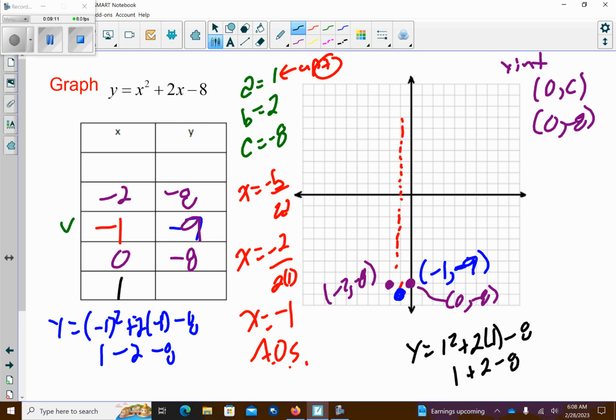So that's 3. That's going to give me a -5. So at -3, that's also going to give me -5. So I'm counting either direction. So I get to 1, -5, 1, 2, 3, 4, 5. And then I have the mirror image also over here, which is going to be at -3, -5.